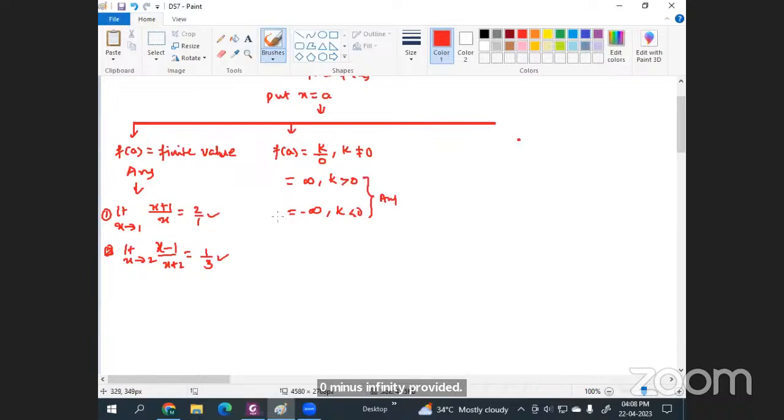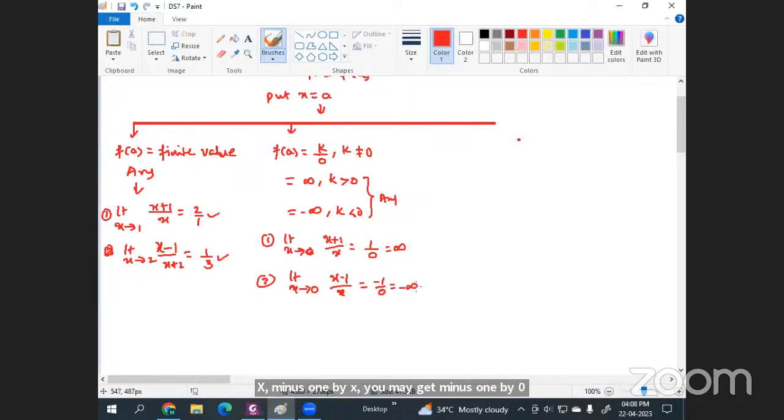For example, limit x tends to 0, x plus 1 by x, that equals 1 by 0, it is positive infinity, that's your answer. Second one is limit x tends to 0, x minus 1 by x, you may get minus 1 by 0, it is minus infinity. So this is also our answer.